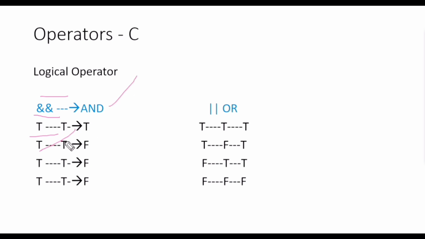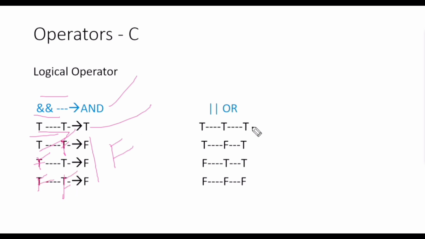The truth table looks like this: T T, T F, F T, F F. Here I have a slide modification. When both conditions, condition 1 and condition 2, are true, the result is true, otherwise false. So T T, T F, F T, F F, that you have to correct.